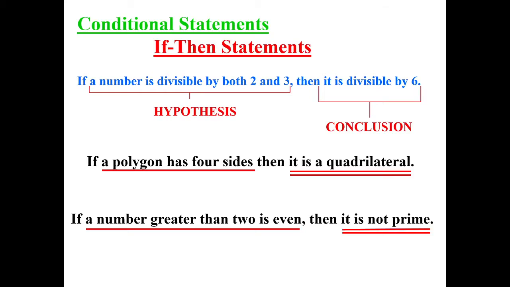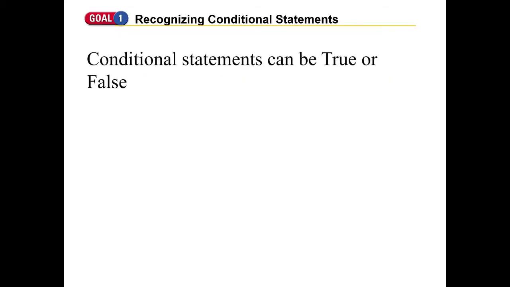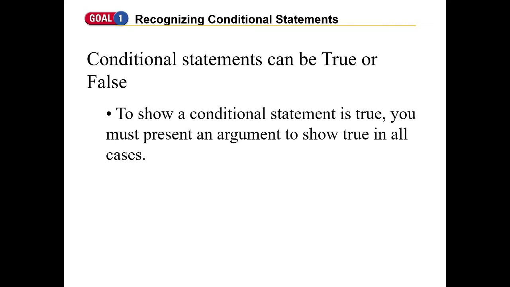Now, before having the three, let's have this one first. Conditional statements can be true or false. To show a conditional statement is true, you must present an argument to show it is true in all cases, meaning you should think that the statement is true all the time. If there is one example that can make it false, then it automatically becomes false.